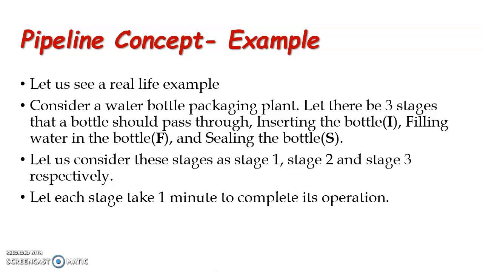First one, inserting the bottle, represented by the letter I. Second one, filling water in the bottle, represented by the letter F. The last one, sealing the bottle, represented by the letter S. Let us consider these stages as stage 1, stage 2 and stage 3 respectively. In stage 1, the bottle is inserted. At stage 2, water filling, and stage 3, water sealing. Let each stage take 1 minute to complete its operation.